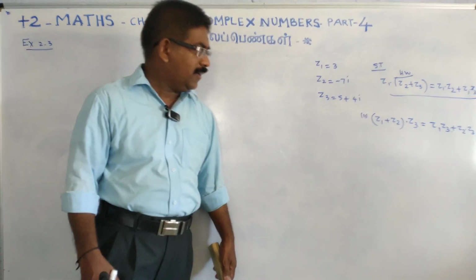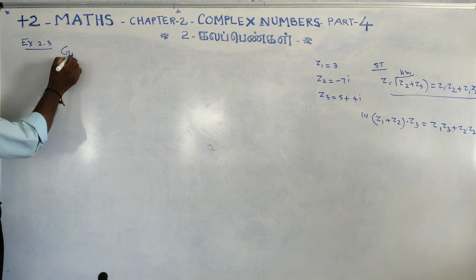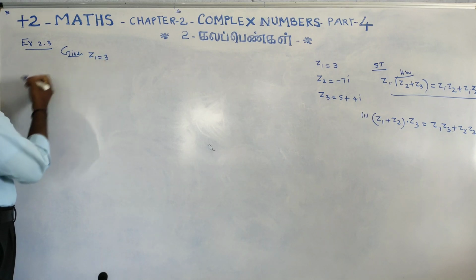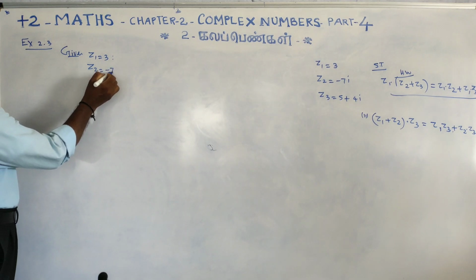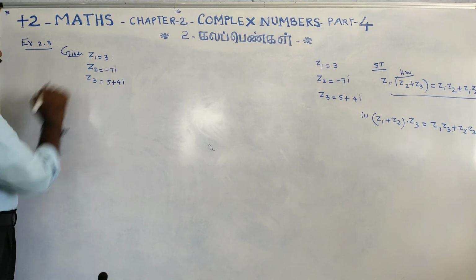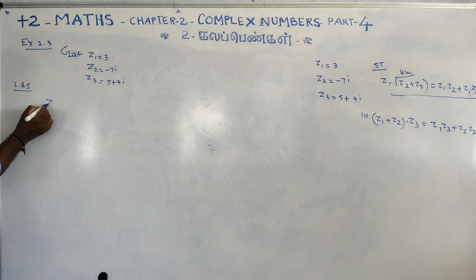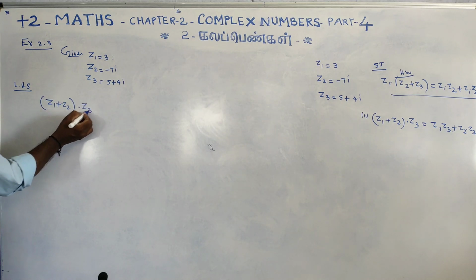Okay, students. First one. Given Z1 equal to 3, Z2 equal to minus 7i, Z3 equal to 5 plus 4i. Okay, left hand side, LHS: (Z1 plus Z2) into Z3.